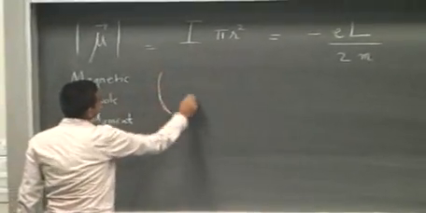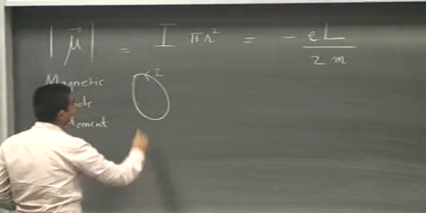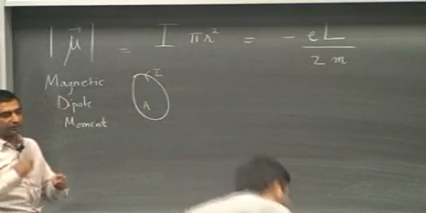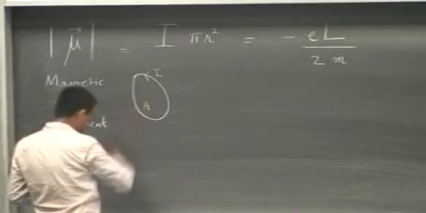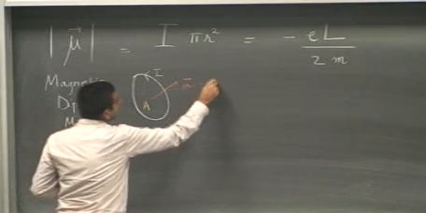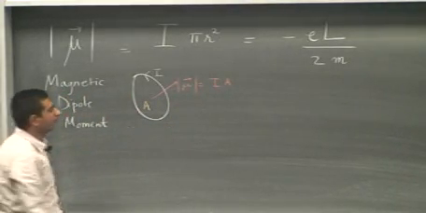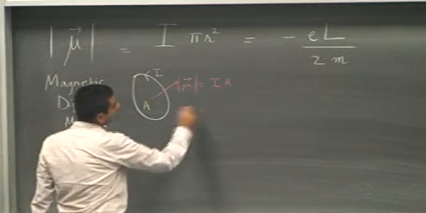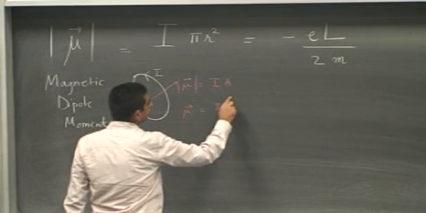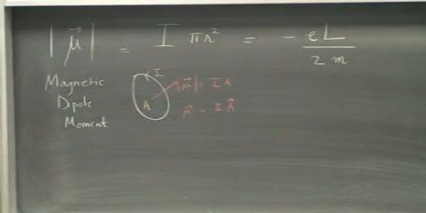If you have a current I which is moving in a loop, and the loop is on the perimeter of an area A, then this loop acts like a magnet with a magnetic dipole moment mu, which is given by I times A. Or the magnetic dipole moment in vectorial form is given by I times A. You have studied this in electricity and magnetism.